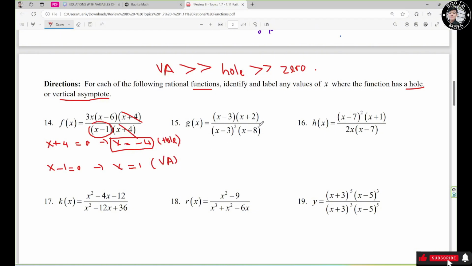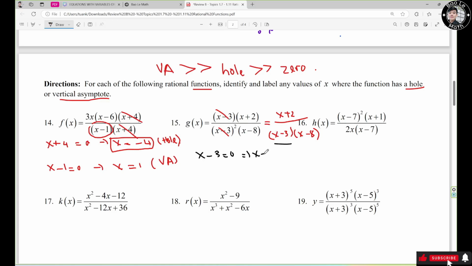Now number 15, you have s minus 3 and s minus 3, you cancel out, right? So you only have s plus 2 over s minus 3 times s minus 8, right? Now look at this one right here. You just cancel out s minus 3 and s minus 3, right? This guy is actually the vertical asymptote, right?